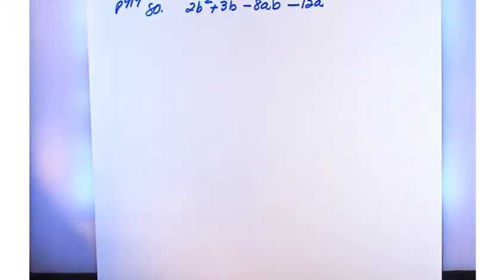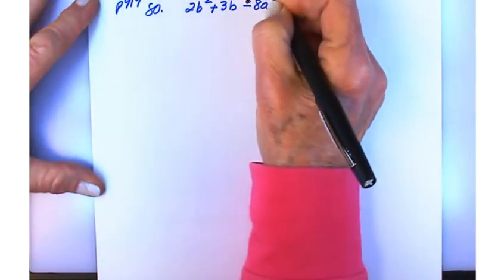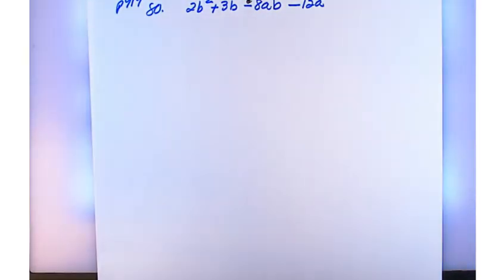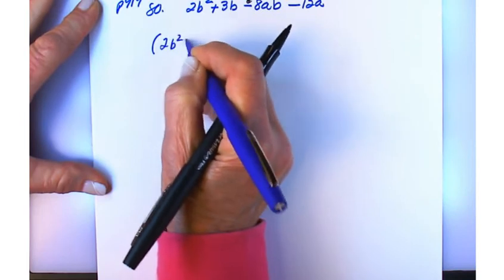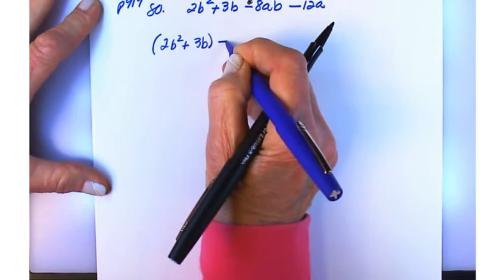So I'm looking here, and I see that this is going to give me trouble. So I'm going to go down here. I'm going to group 2b squared plus 3b. I'm going to factor out that.